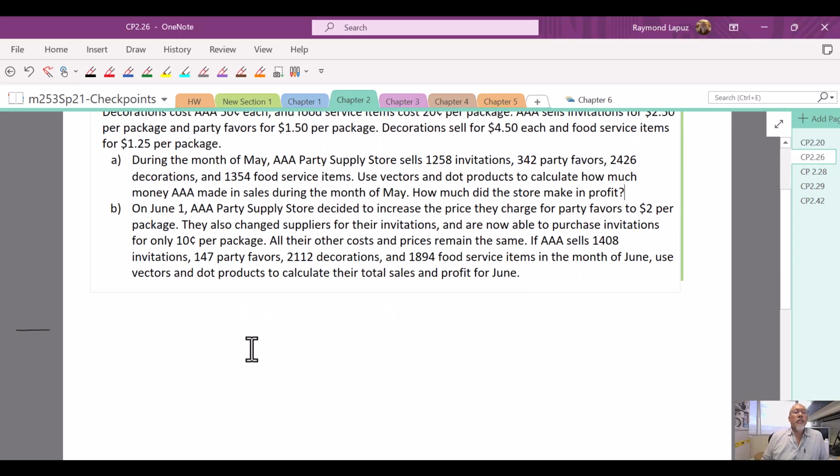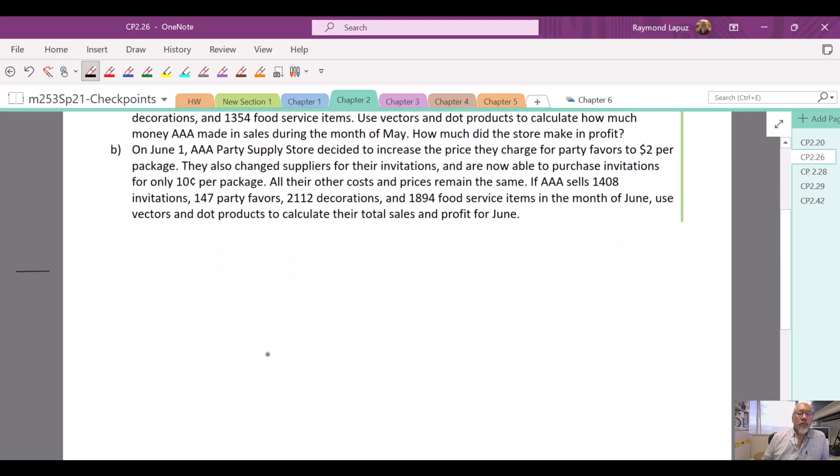Well, first let's establish the fact that we're going to be using vectors, and our vectors will be represented by some components.